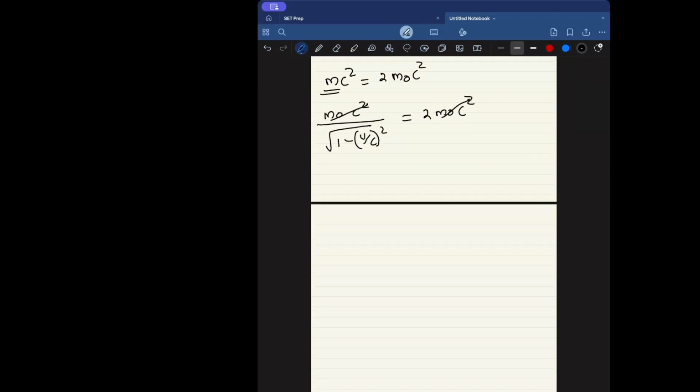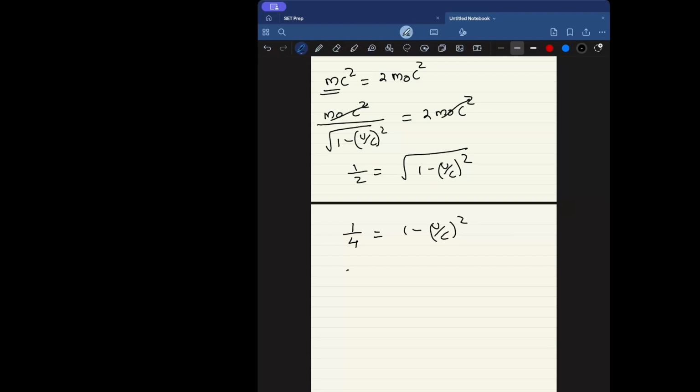What you will get is 1 by 2 equal to root over 1 minus (v/c) square, or 1 by 4 equal to 1 minus (v/c) square.